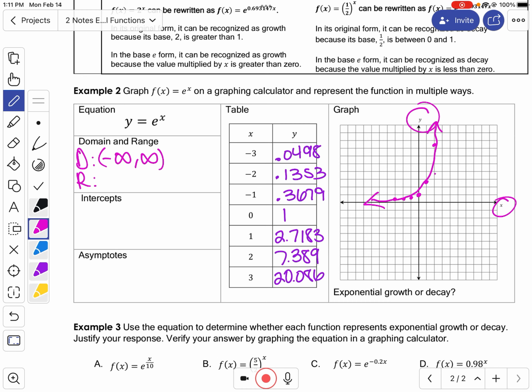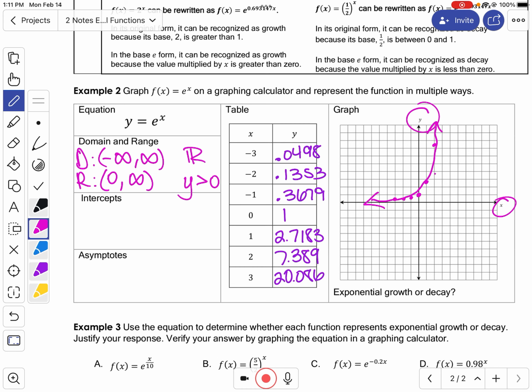So you're going to be going from 0 to infinity, and it will not include 0. Notice this exponential graph here has an asymptote at the x-axis because it keeps getting closer and closer and closer, but never touching it. You could also put y is greater than 0. So either one on that.